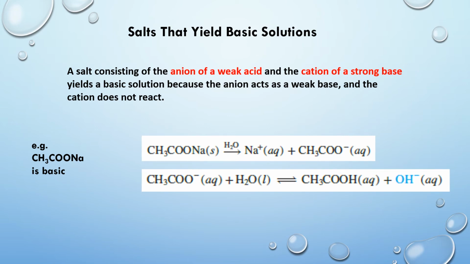When we have a salt that contains the anion of a weak acid and the cation of a strong base, and when that salt is dissolved in water, the solution will become basic. The example will be this sodium acetate.